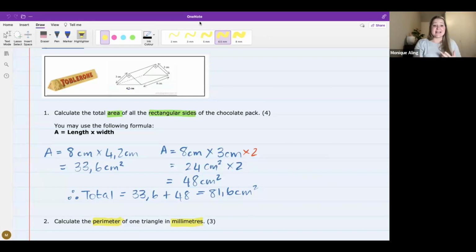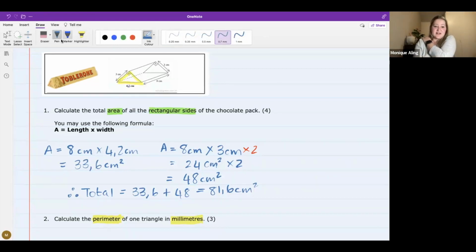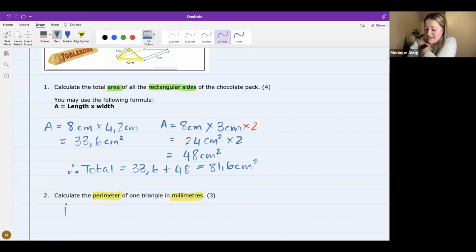Perimeter is the outline or the distance around our shape. So if we're looking at triangles specifically, and they said one triangle, it's just the distance around this triangle. To work that out, we just add all the sides together.